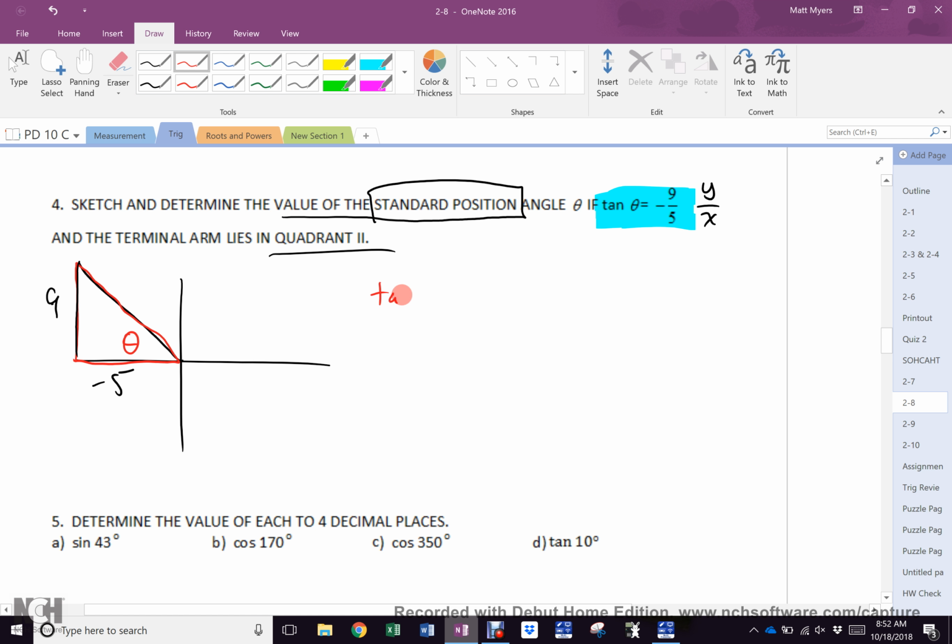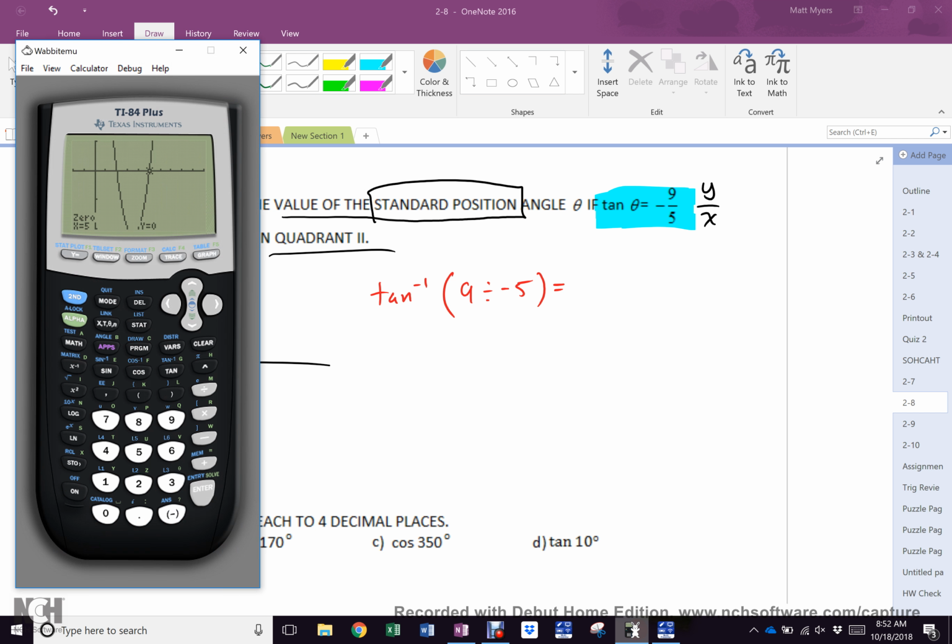So if I do shift tan of what? 9 divided by -5, what will I get on my calculator? Clear, clear. Shift tan of what? -9 divided by 5. No, it's 9 divided by 5. -9 divided by 5.